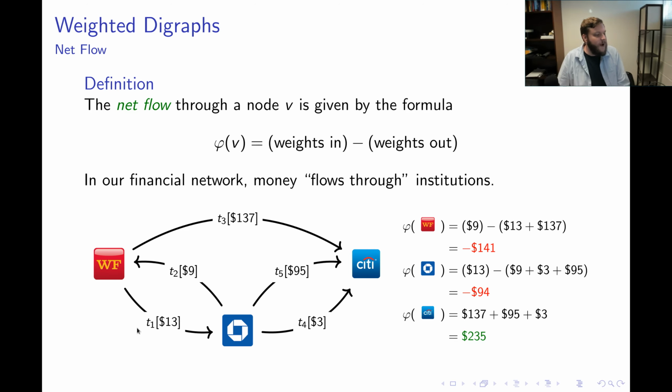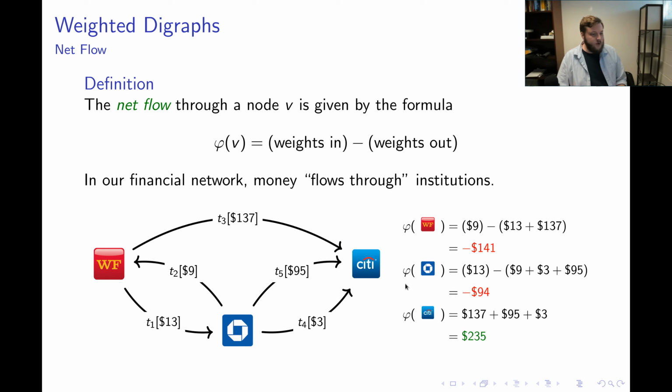Well, there's two arrows pointing away from Wells Fargo. That's the first transaction here and the third transaction. The first is 13 and the third is 137. So we subtract off the quantity 13 plus 137. And when I do all of my arithmetic here, I find that the net flow through Wells Fargo is negative 141. So the idea is that in this model, Wells Fargo is down $141 or has lost $141.